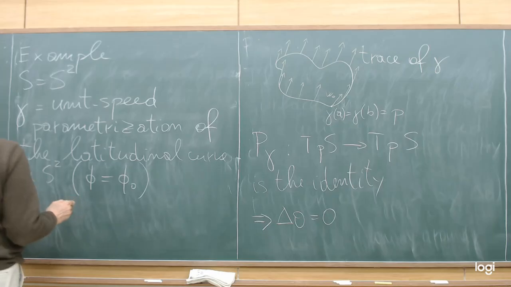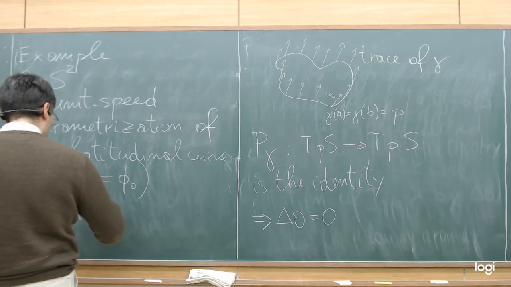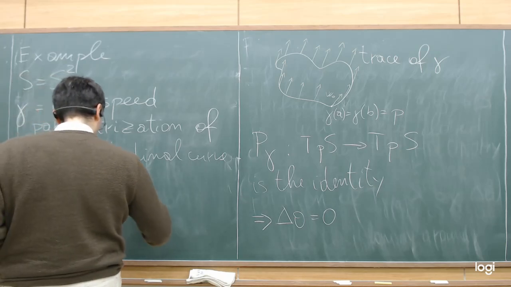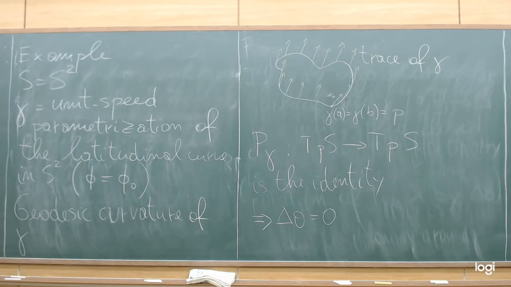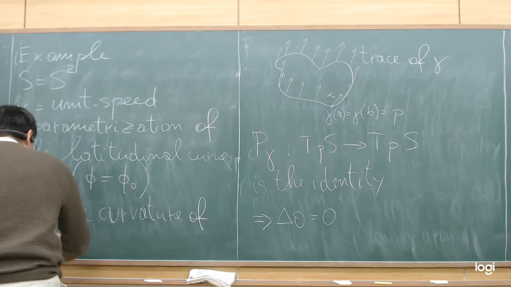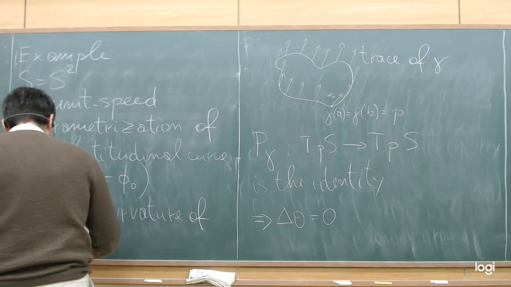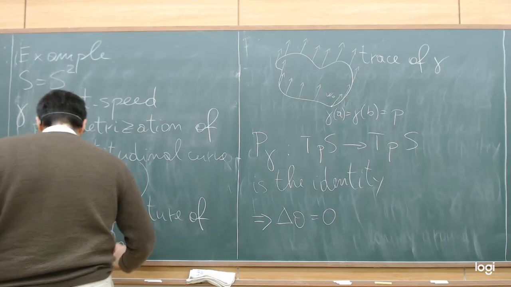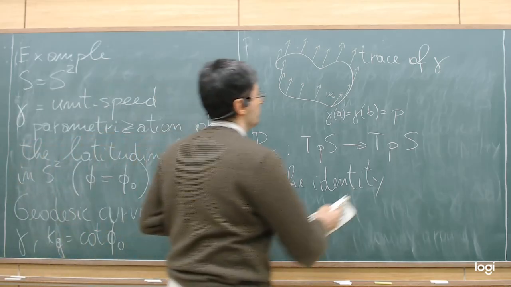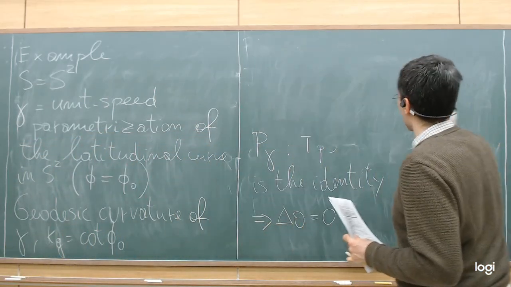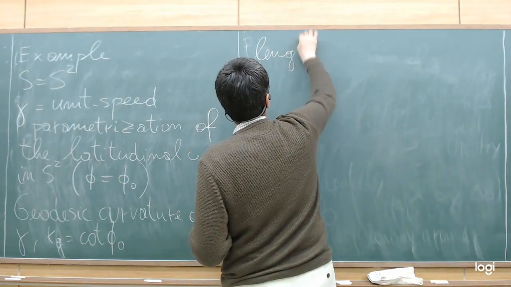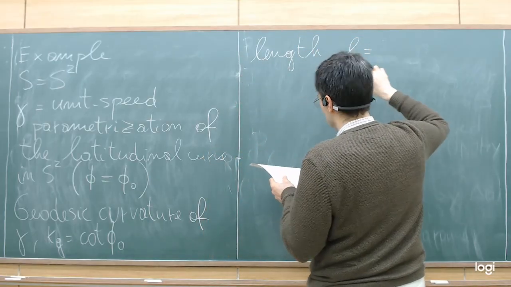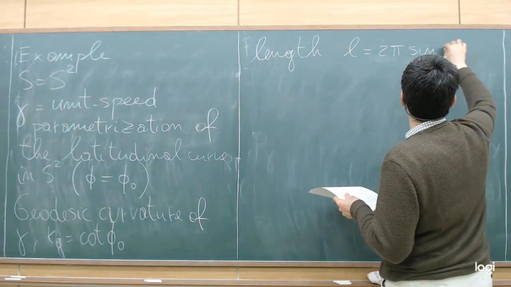It is possible to prove that the geodesic curvature of gamma, kg, is equal to cotangent of phi 0 and the length is equal to 2 pi sinus of phi 0.